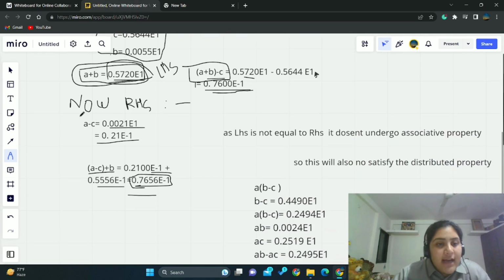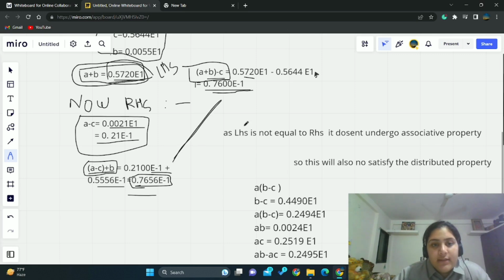Now checking for the RHS, A minus C will be 0.2121 e, and A minus C plus B will be 0.7656 e minus 1. Hence these two values are not equal. LHS is not equal to RHS. So it doesn't obey the associative property.